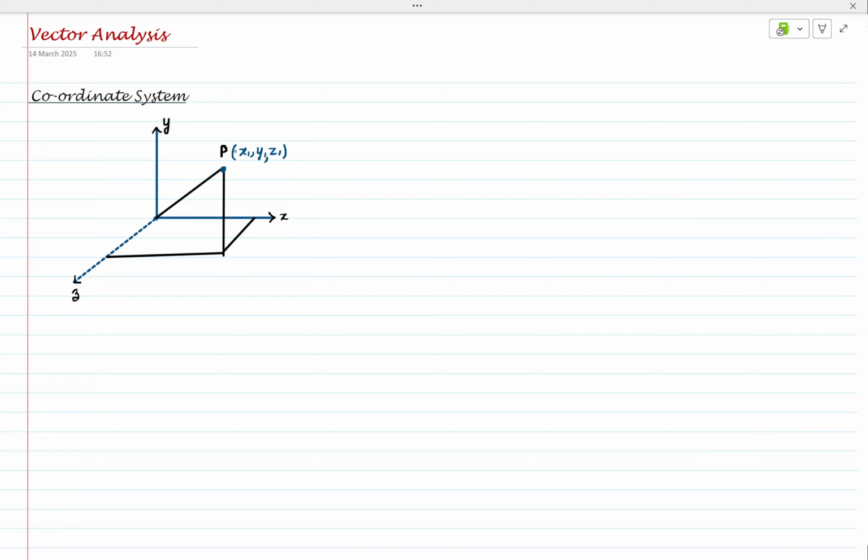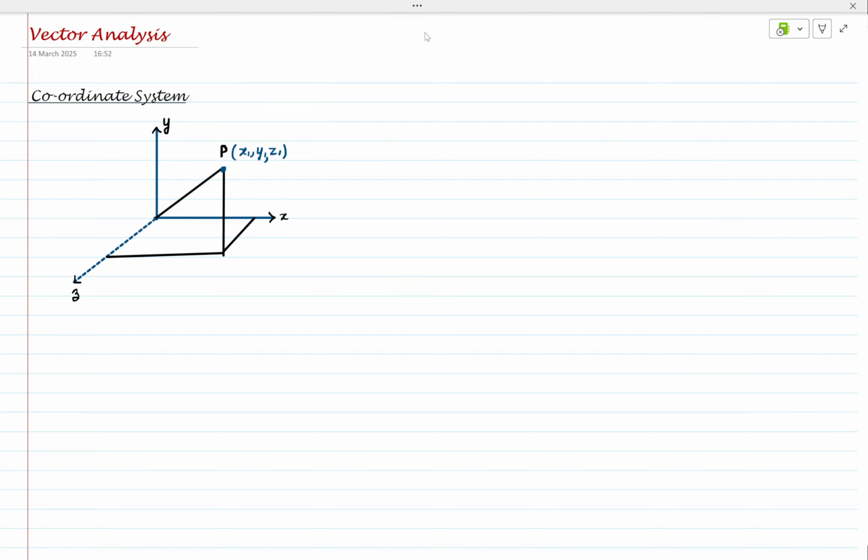So I can easily determine the position of the point P in the three-dimensional plane x, y, z, where x, y, z is nothing but a coordinate system. So what is the coordinate system actually? A coordinate system is a method which is used to determine the position of a point in a three-dimensional plane.